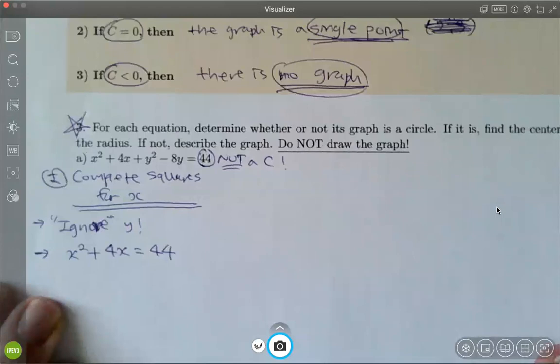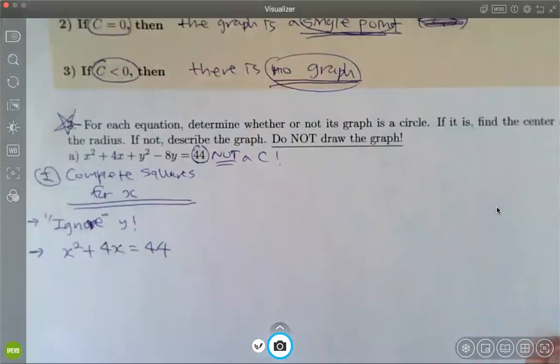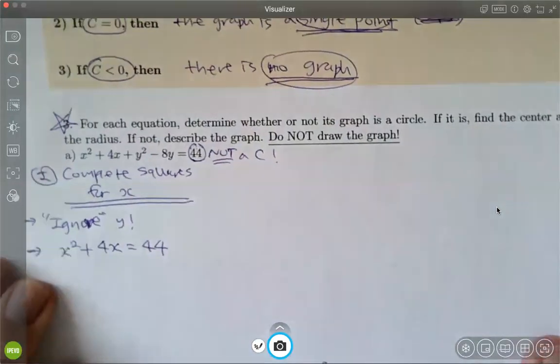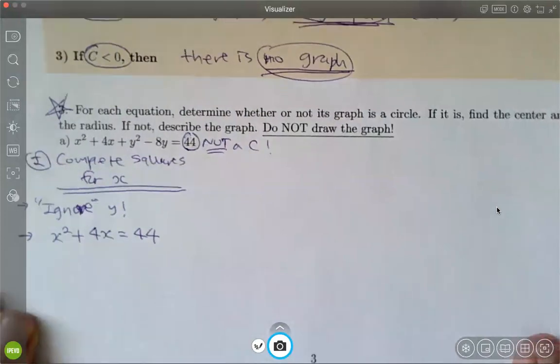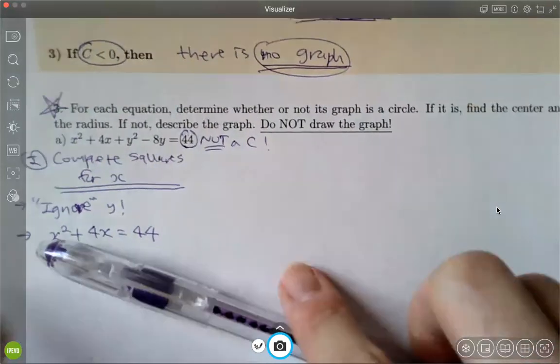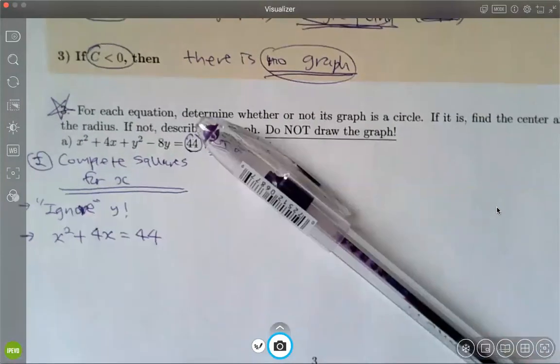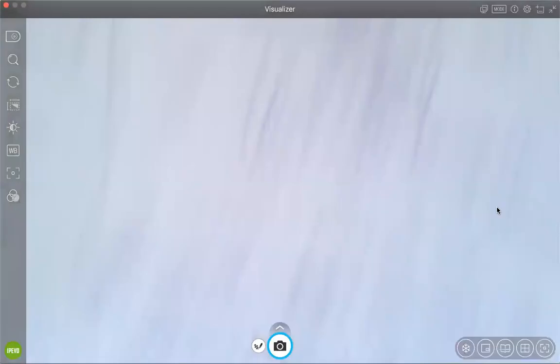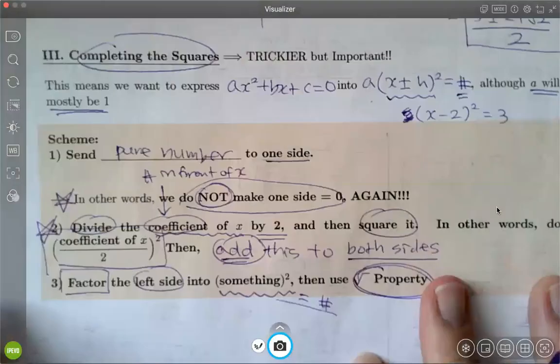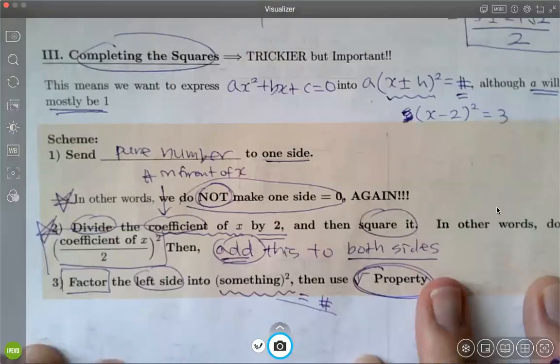Now, we just learned this yesterday. Do you remember what the scheme is for completing the squares? So here is the page. What do you have to do?